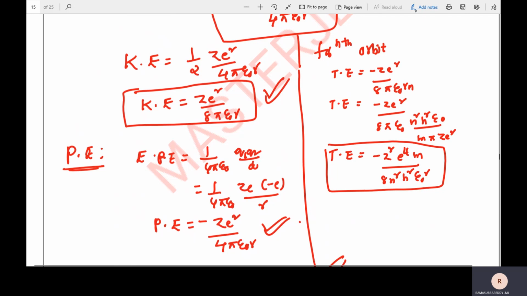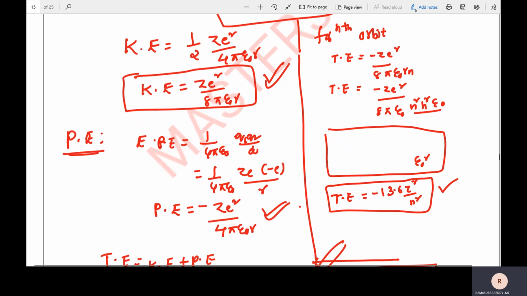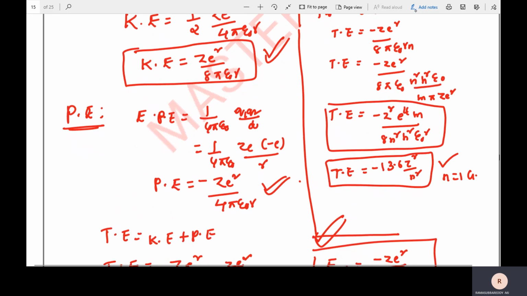Z is constant, e is constant, m is constant, so all are constants. After substituting the constants, we get minus 13.6 Z square by n square. This is our more generalized energy for the hydrogen atom. If n is equal to 1, that is the ground state. If n is greater than 1, we get excited states.